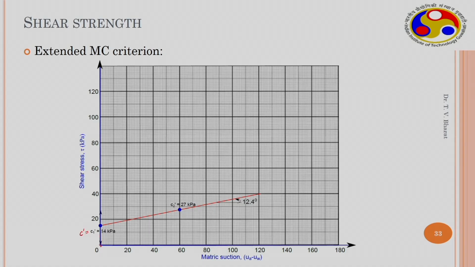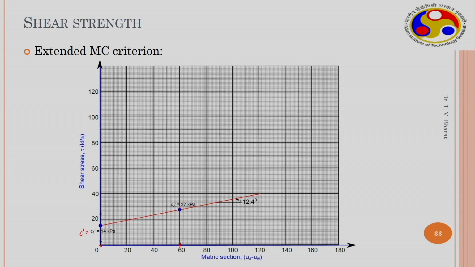So, at matric suction 0, the C1 dash is equal to C1, that is 14 kilopascal, and corresponding to matric suction 60, the C2 dash value is 27 kilopascal. So, another intercept. Now if you join these two, you get phi b, that is 12.4 degrees.